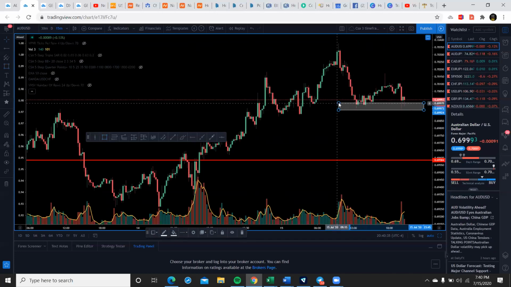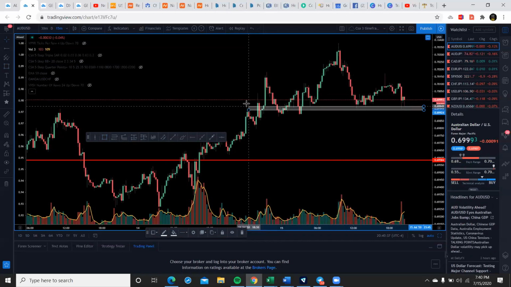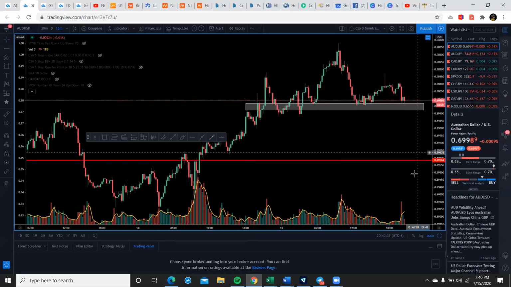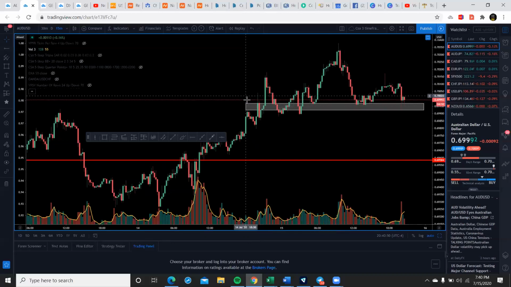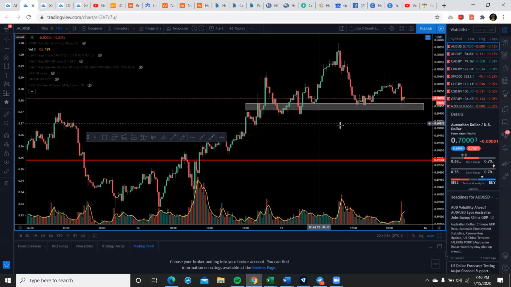This is an area in the market where hedge funds and banks like to enter. I see every time they get there, they bounce. So I look at support and resistance not as a line or a level, I look at it as an actual investor. There's somebody here that's pressing the button every time we get to this point.